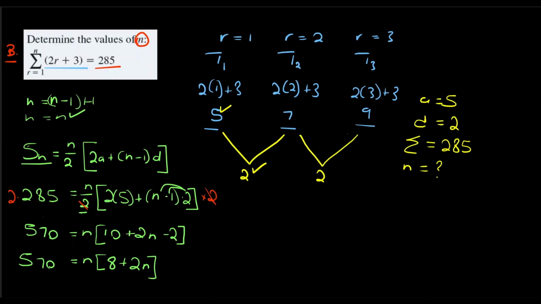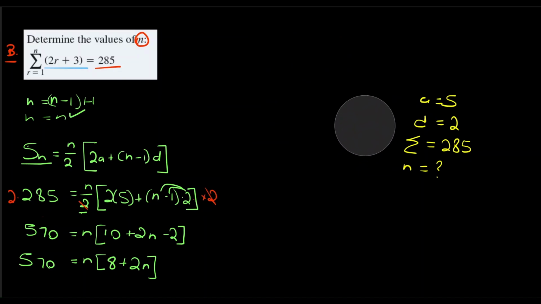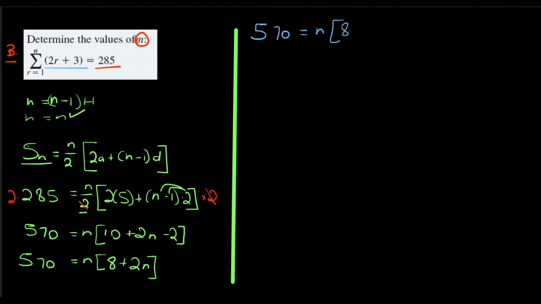And we continue with this working out. So we have 570 is equal to n, open bracket 8 plus 2n.